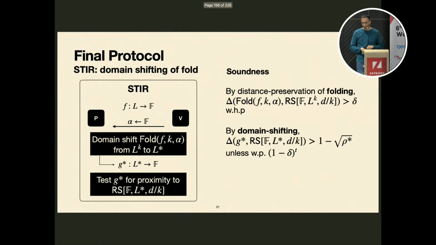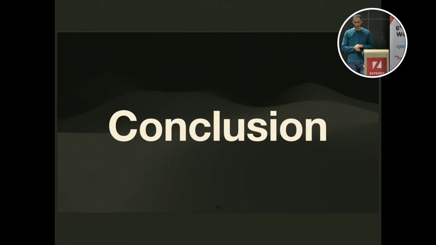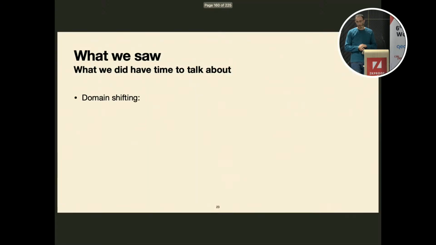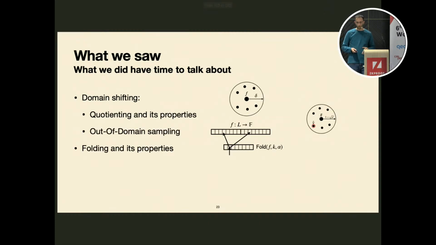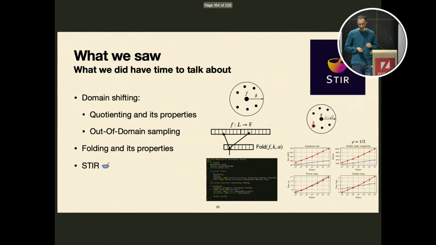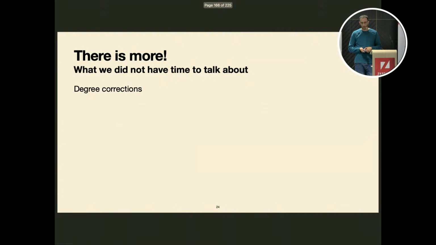So just to conclude, we had a short time to talk about domain shift and quotient, and I didn't have time to talk about out-of-domain sampling and the properties of folding. We saw the performance of STIR as a replacement for FRI with fewer queries and better hash complexity.